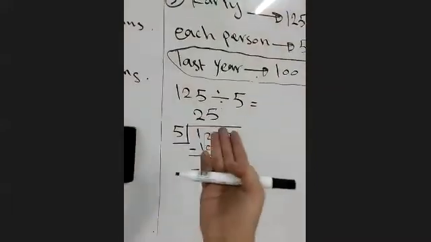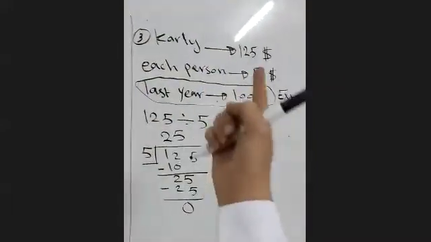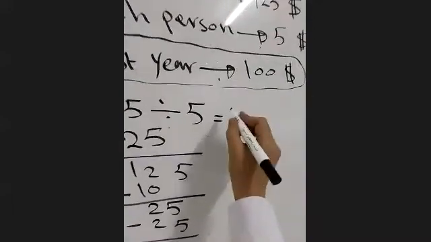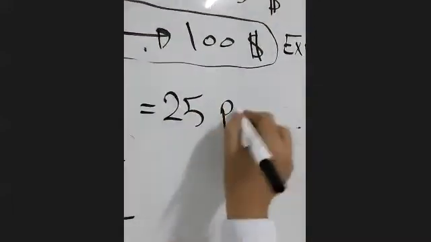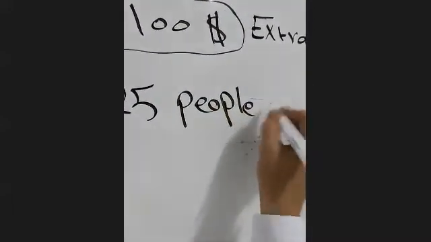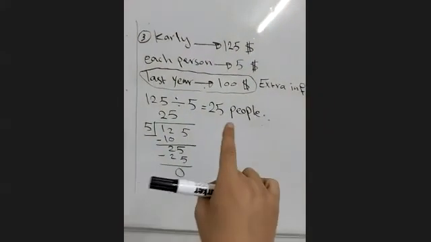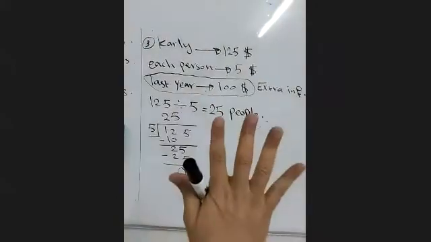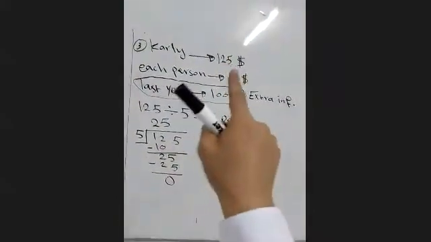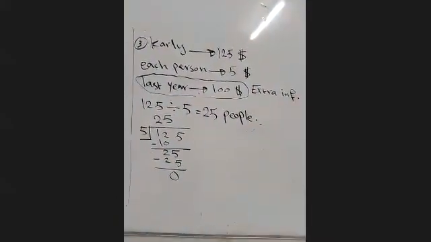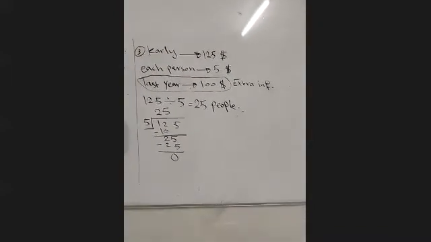So how many people do we need for $125? We need 25 people. Each of them pays $5. Together, they will collect how much? $125. This is question 3, guys.